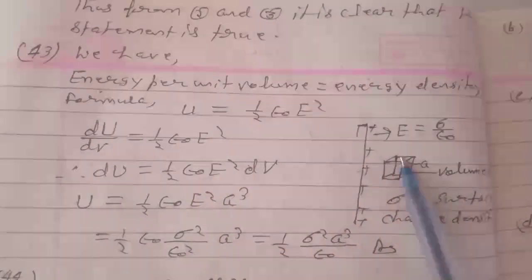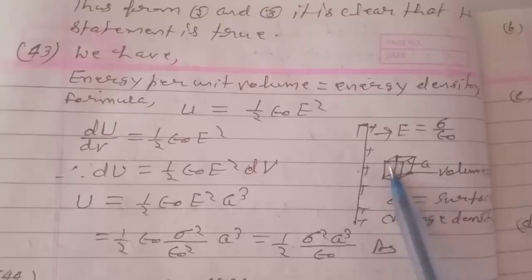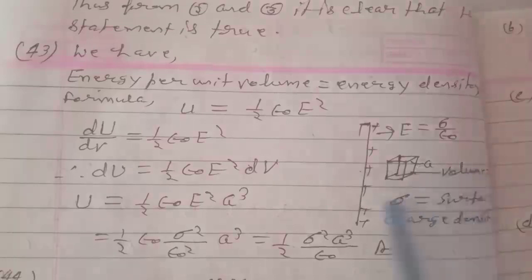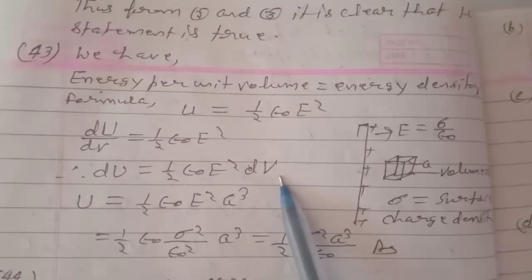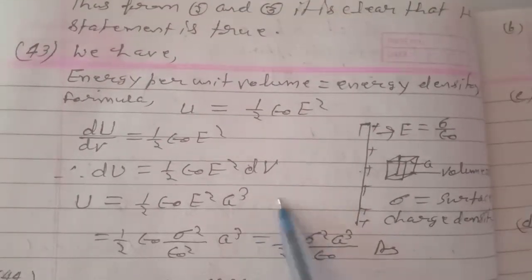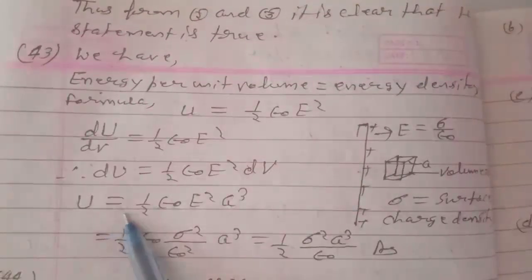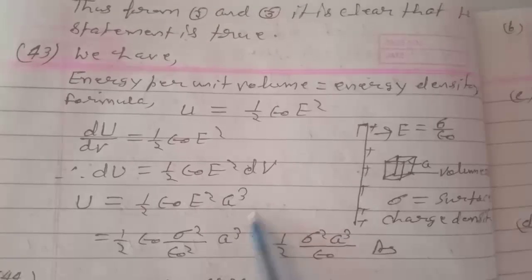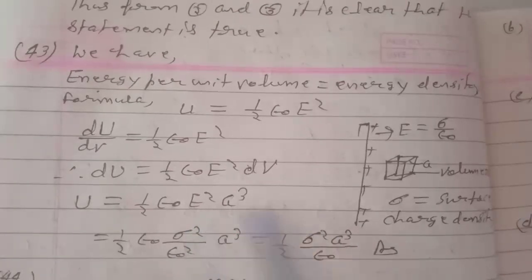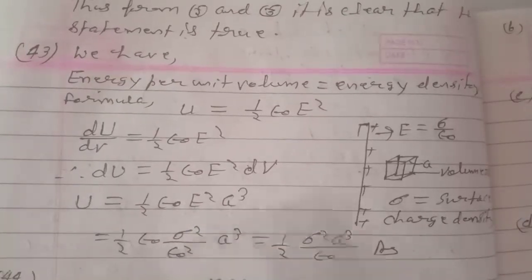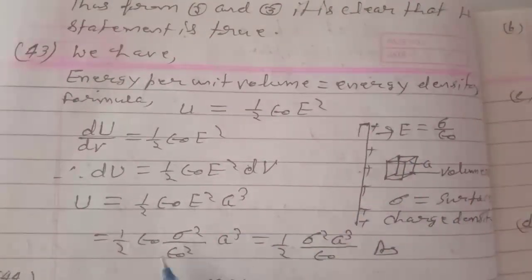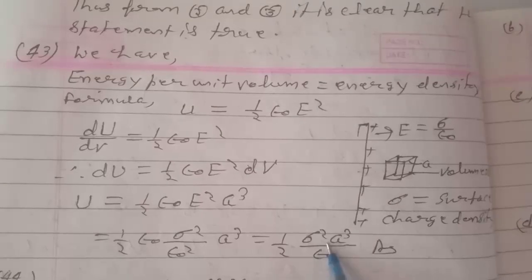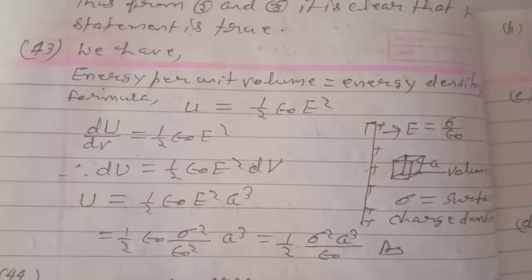Now this is a cube of edge a, so its volume will be a cube. So we can place the value of dv as a cube. So U will be 1 by 2 epsilon naught E square into a cube, and now use the value of E, which is sigma by epsilon naught. So sigma square by epsilon naught square into a cube gives 1 by 2 sigma square a cube by epsilon naught. Answer.